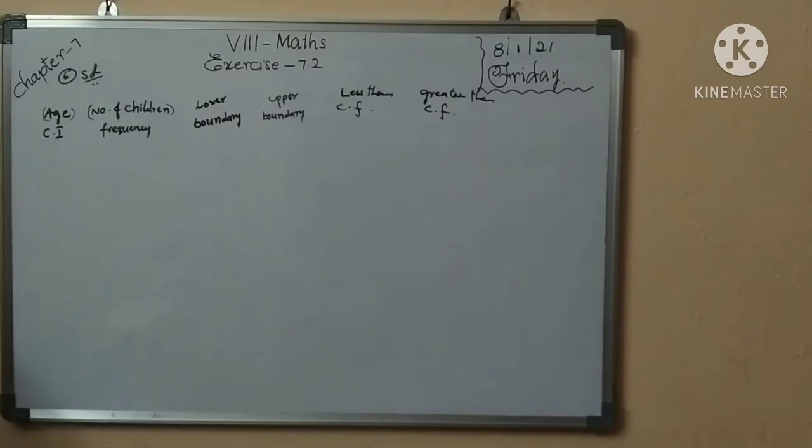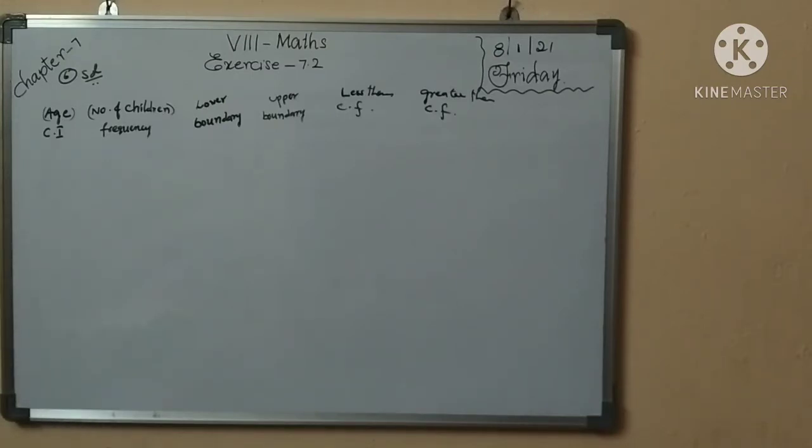Also construct less than cumulative and greater than cumulative frequency. Here observe, cumulative frequency means adding the frequency. Less than cumulative frequency means adding from the starting onwards. Greater than means you add from the bottom onwards.